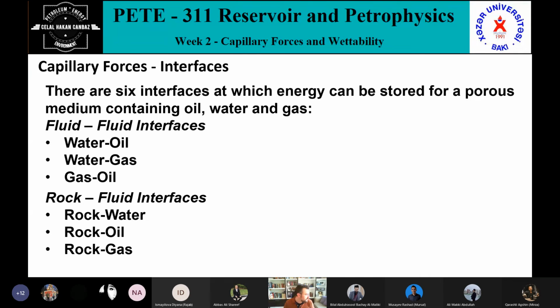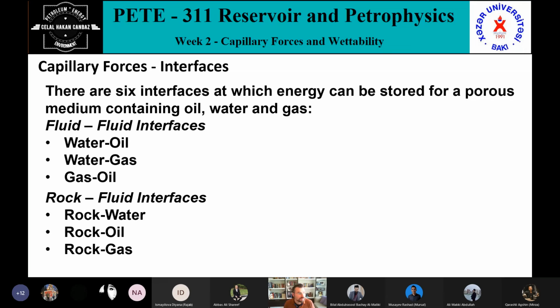Because we mentioned this before, if your rock likes water, this is a very good advantage. It's water wet, we call it. And if your rock likes water, what happens? It has a tendency to get rid of the oil phase. So when you are producing from your well, this will be a very good advantage because the remaining oil, residual oil, will be lower compared with the oil wet rock.